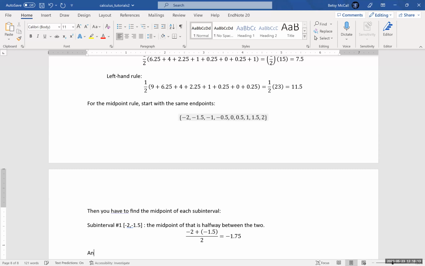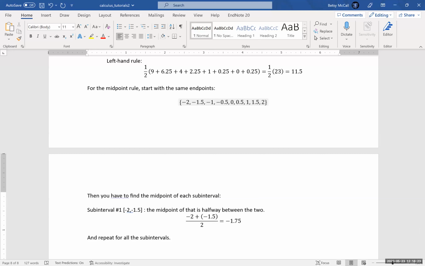And repeat for all the subintervals. So you can do this forever.